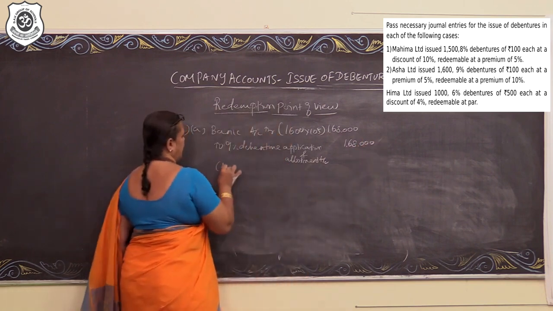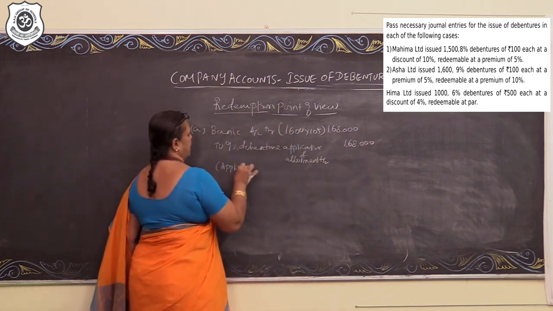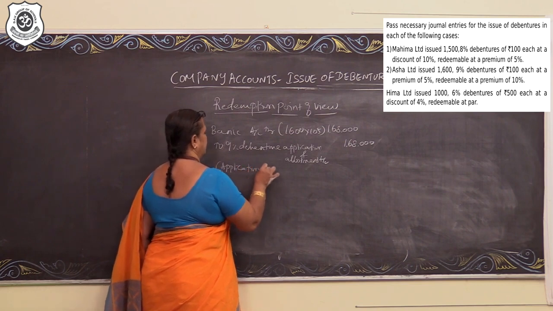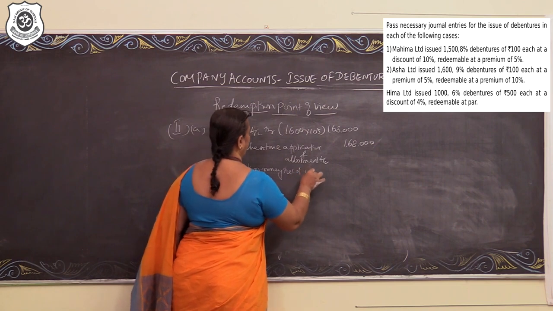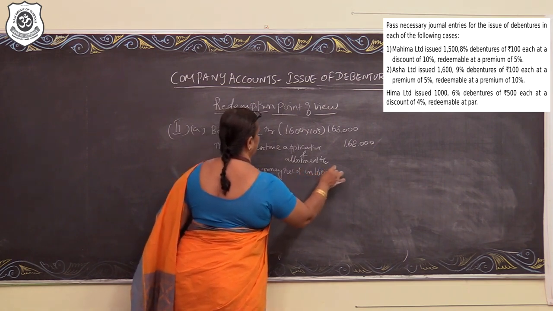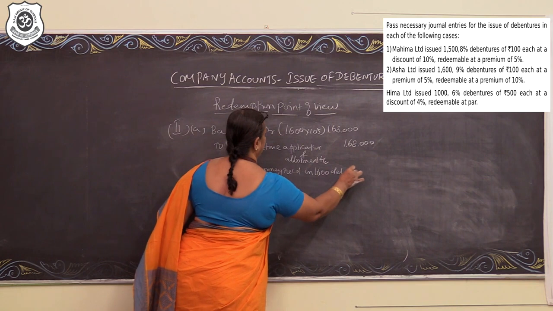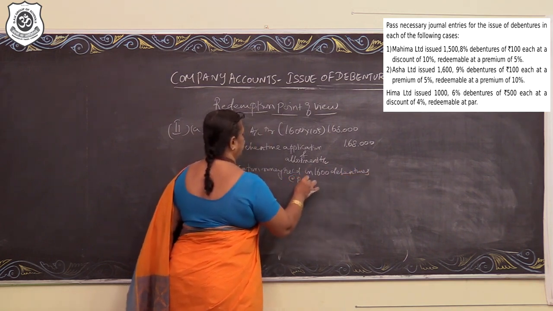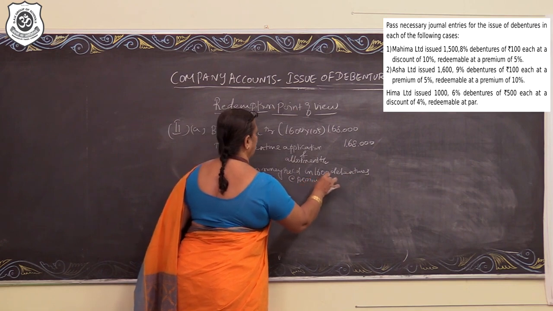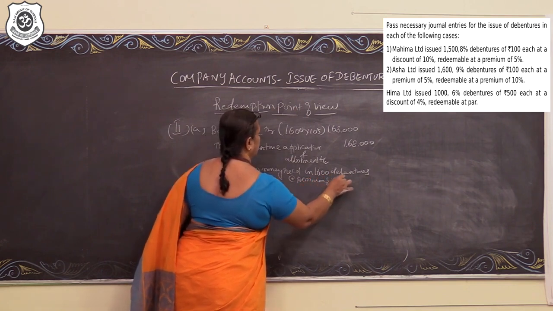Application money received on 1,600 debentures at a premium of 5%.